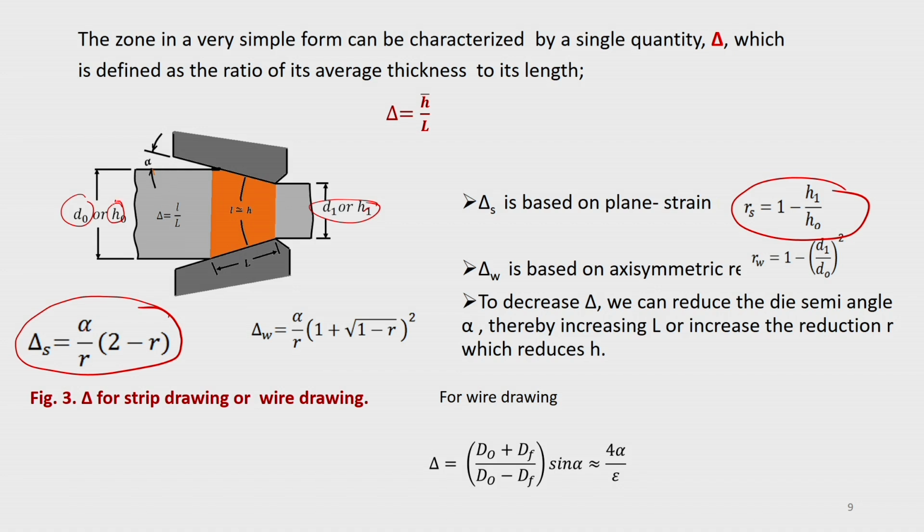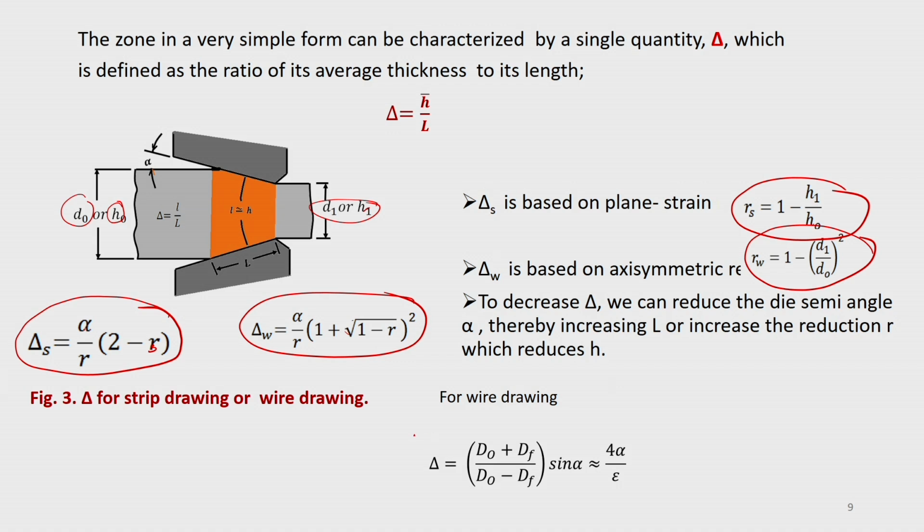For strip condition, it will be based on this height h at the beginning, at the initial. Whereas, if it is for wire drawing operation, it is the diameter which is taking place. So, you will consider that r w is equal to this one. So, this r will be r w here, here it will be r s. In that condition, you are getting this relationship, the deformation zone geometry, delta is equal to alpha by r into 1 plus under root 1 minus r the whole square.